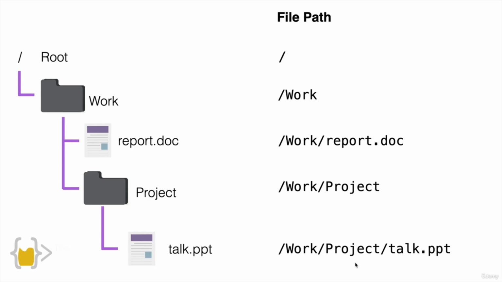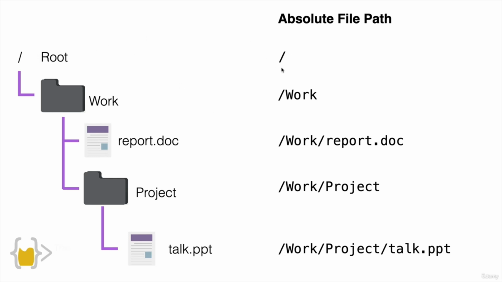It's a way for the computer to navigate to the file of interest, which in this case might be the talk.ppt. And we have to give it directions for which folder to go into and then which folder, and then you'll find the file with this name. Now, this is known as an absolute file path. Absolute file paths always start off relative to the root.